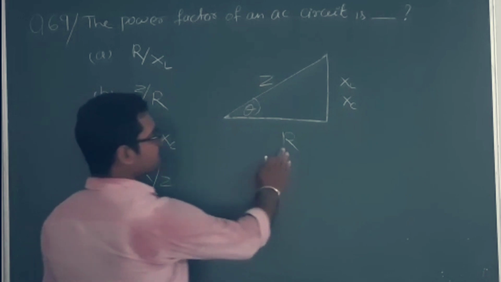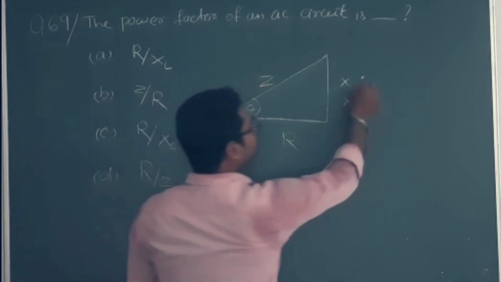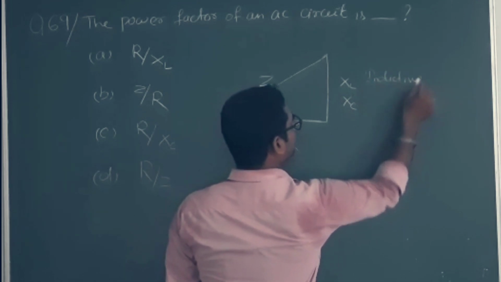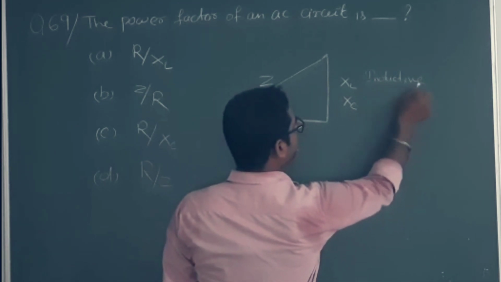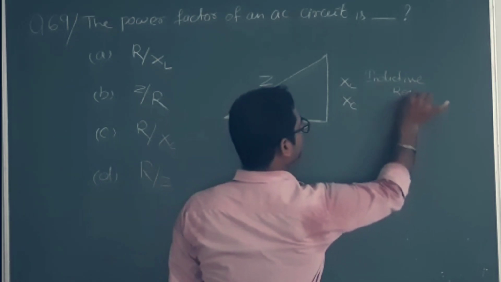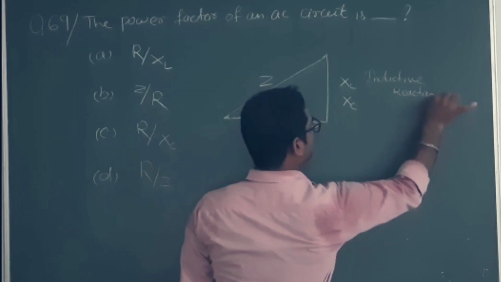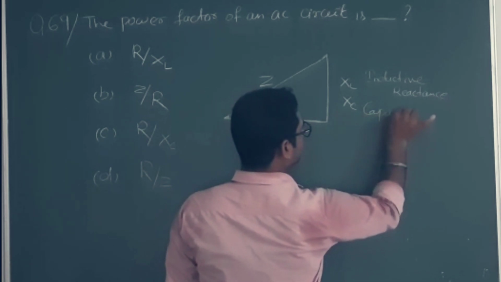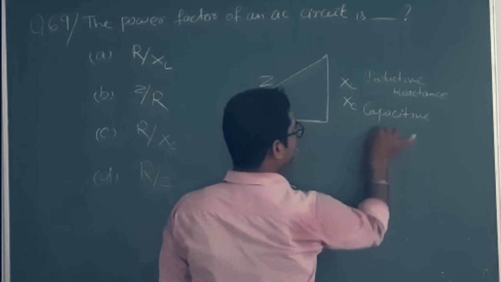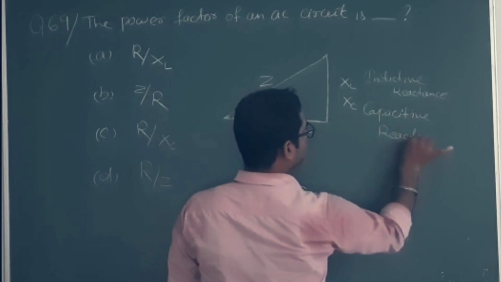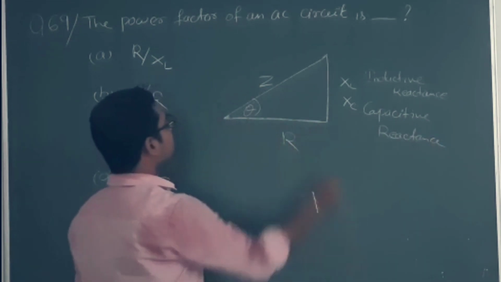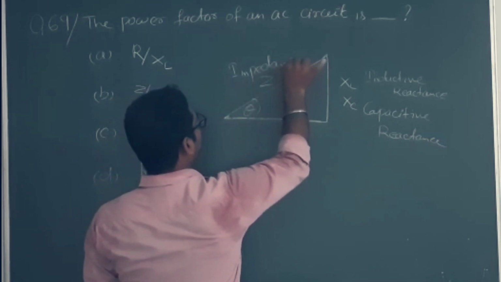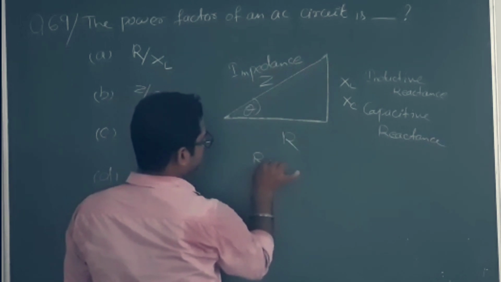So R is the resistance, XL is the inductive reactance, and XC is the capacitive reactance, and Z is the impedance, and R is your resistance.